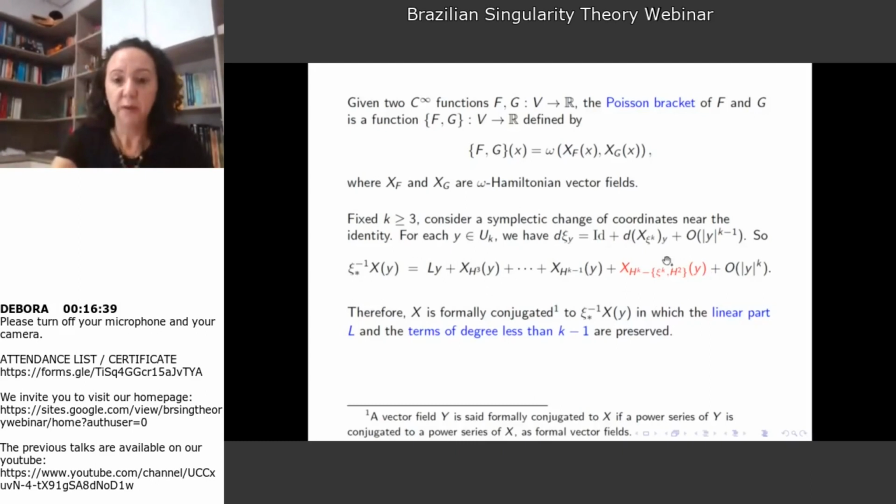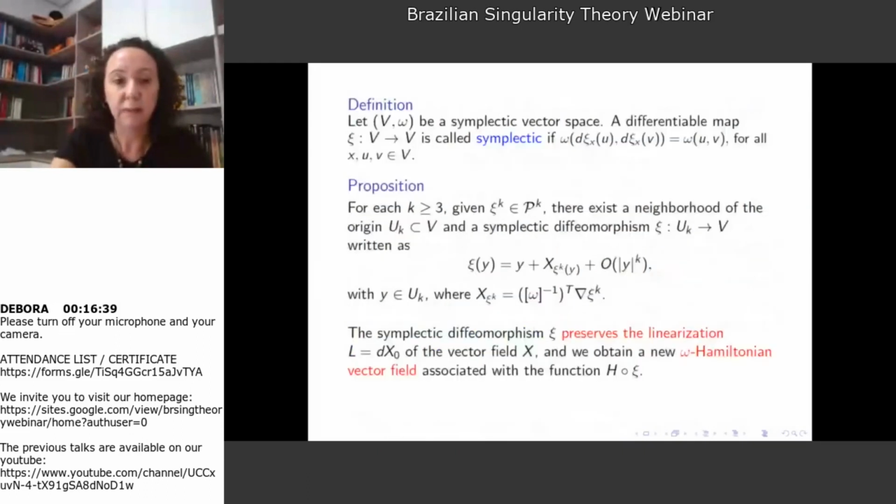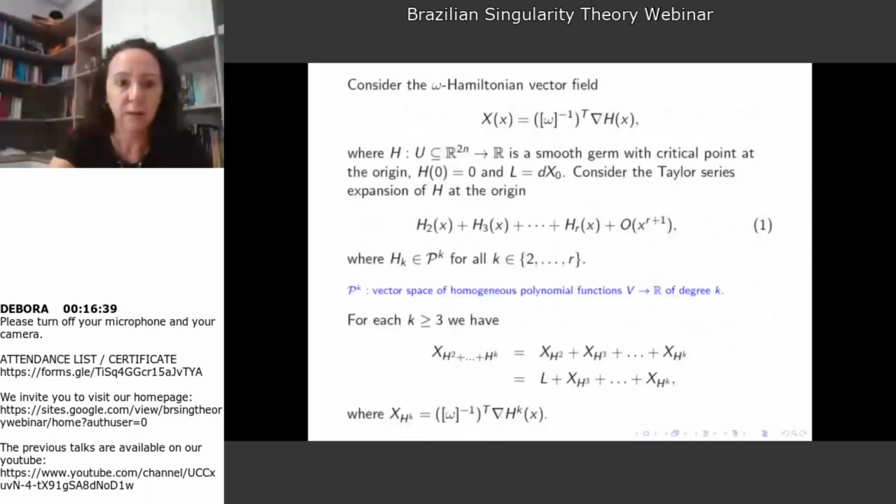What appears here is the original Hamiltonian function of degree k minus the Poisson bracket of the map Ck and the element of degree 2 in the Taylor expansion of H. This part is what provides the linear part of the vector field.